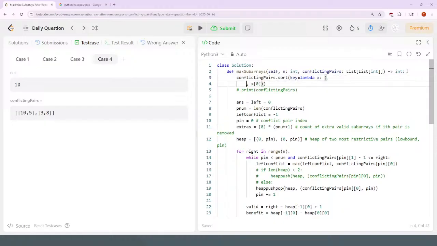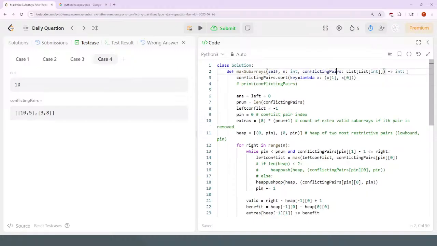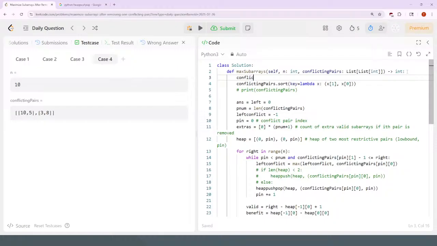So I think I need to start by saying conflicting pairs is equal to, I think it would be something like min of A, B, max of A, B for every A, B in conflicting pairs. So for every, actually I think maybe it's not tuple.